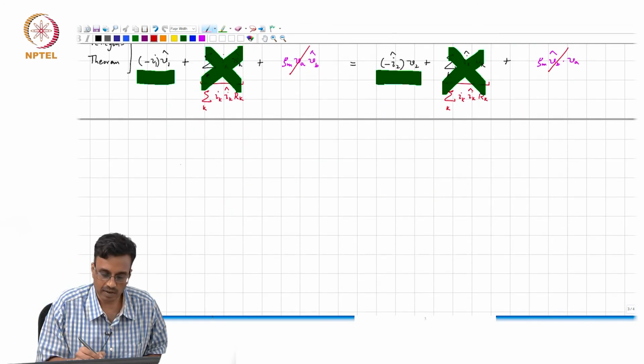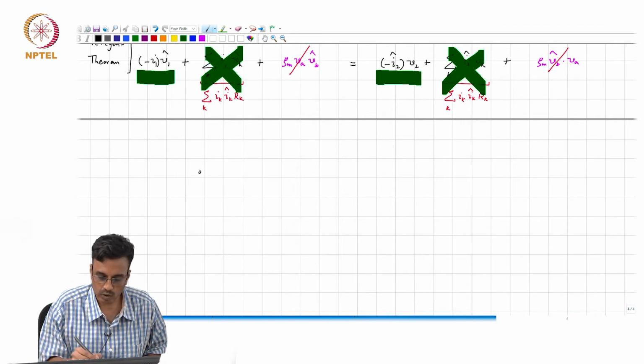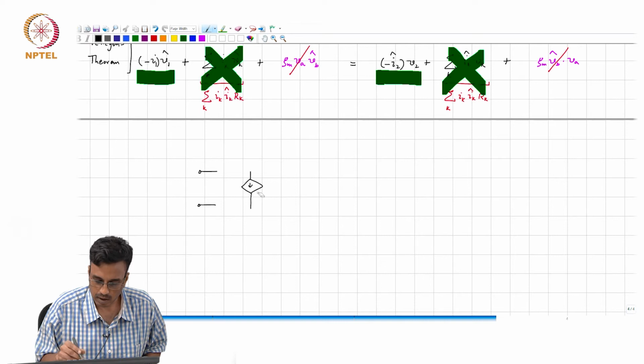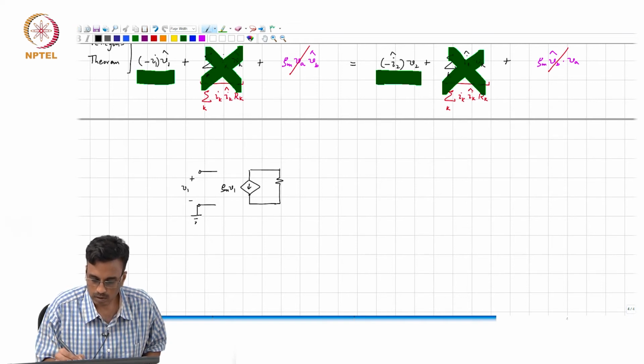So here let me take a quick example. The most trivial example is of course just one controlled source. Let's say this is our, sorry. So this is Gm V1 and this is R. So what is V2?